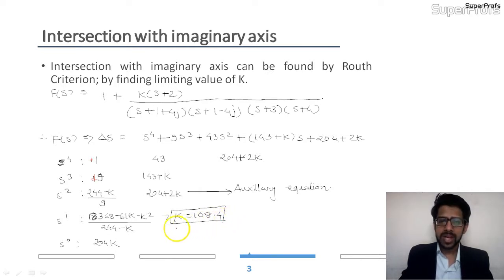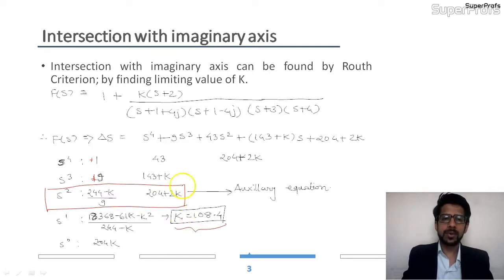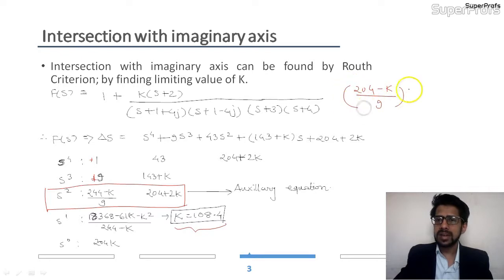After you get this limiting value of k, you go to the auxiliary equation, which can be shown by the s square row, and we put this equation: (204 minus k upon 9) s square plus (204 plus 2k) is equal to 0.